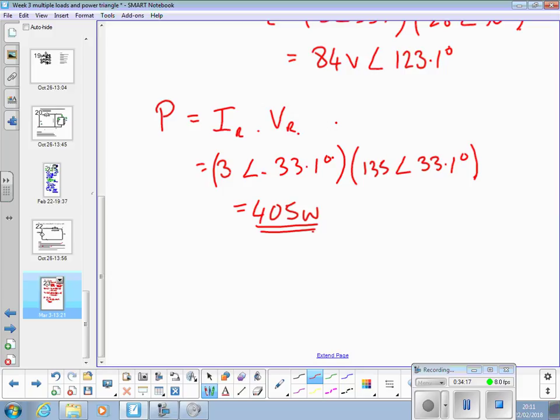What other value could we find? Now we know what E is. We know what IT is, the line current. We can find S, can't we? Yep.